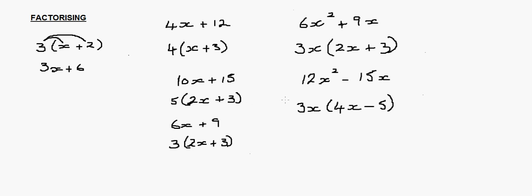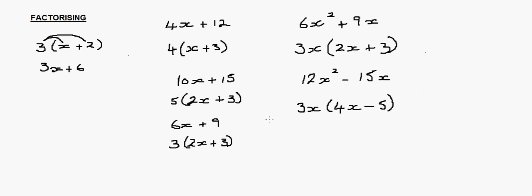But we will look more at this. So the reason that we factorise usually is so that we can cancel something down, and we want to get rid of something. So it has its use. It's very important for us. So this is basic factorising.